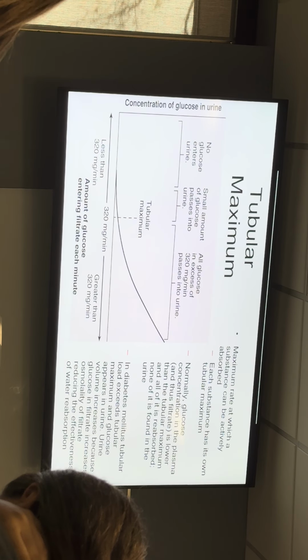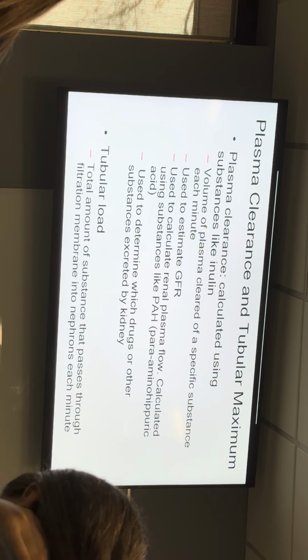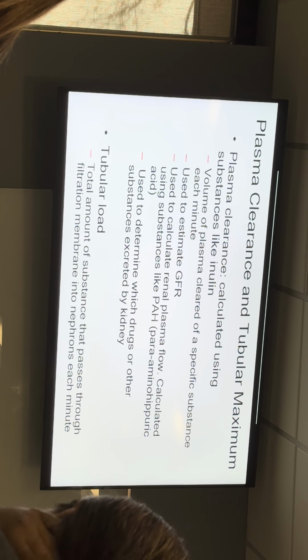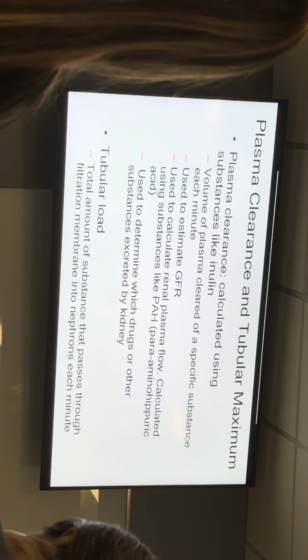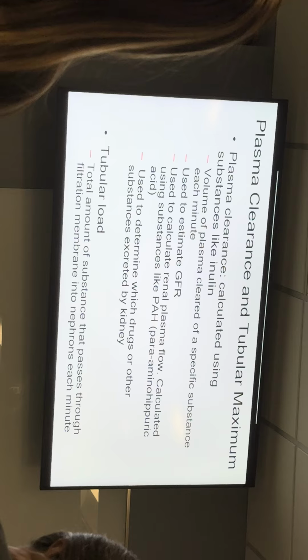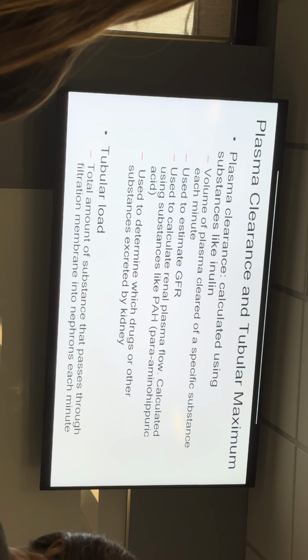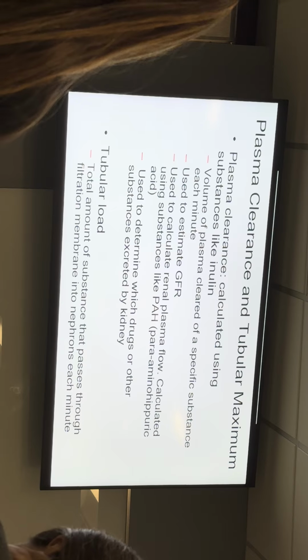Okay, now we can do things to look at how efficient your kidneys are. Your kidneys do have a tubular maximum. That's the maximum amount of stuff they can reabsorb, and we can measure it using plasma clearance.